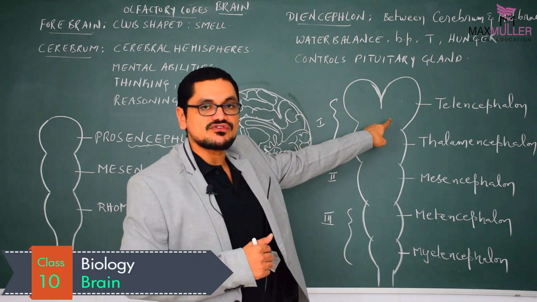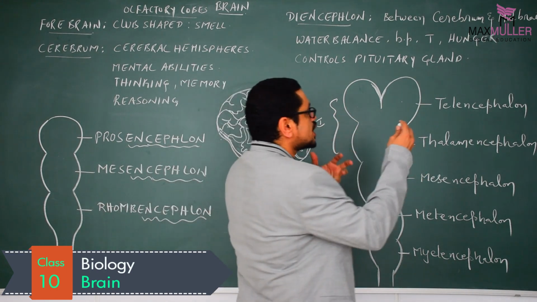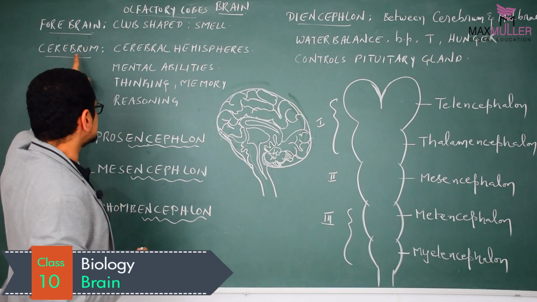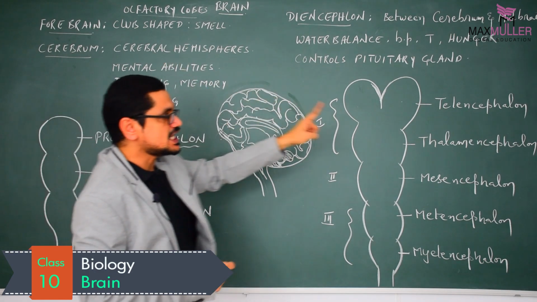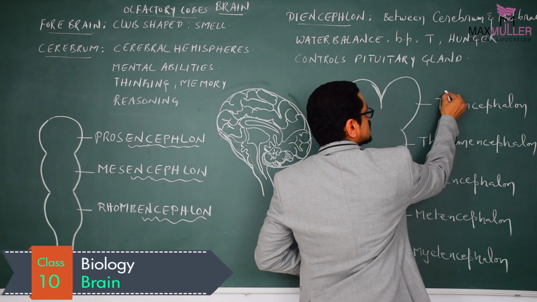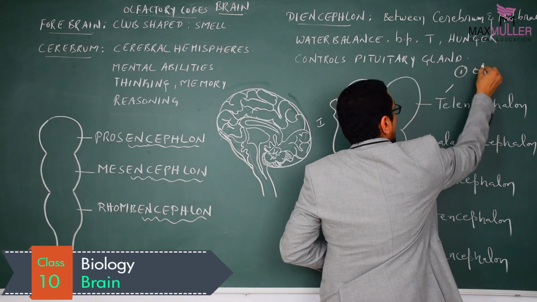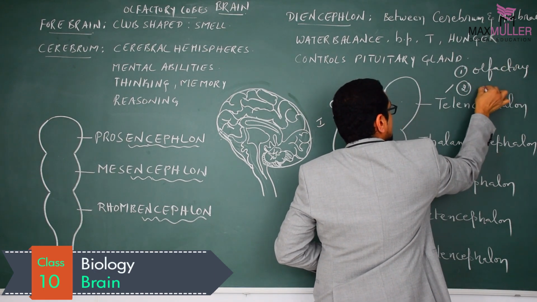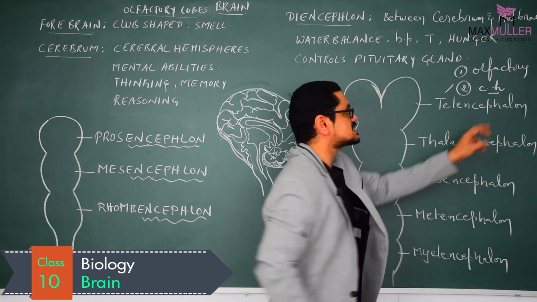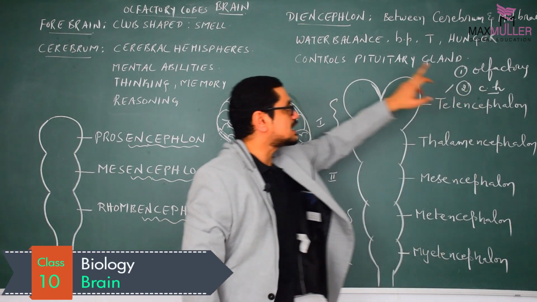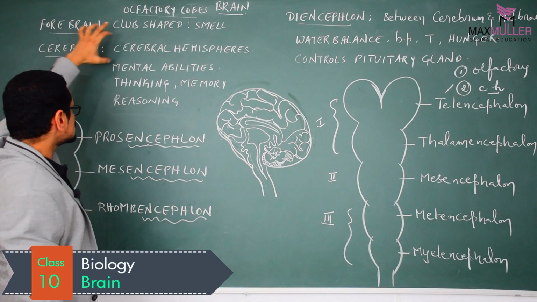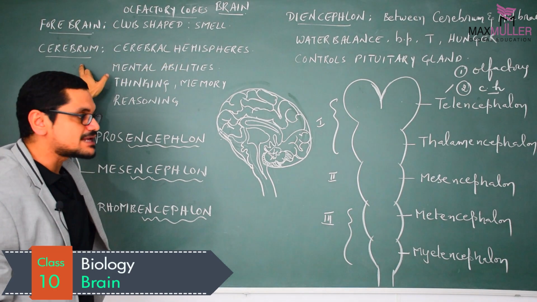Telencephalon is a portion which gives the first two parts, called olfactory lobes and cerebrum. So telencephalon gives two portions. Number one, olfactory lobes. Number two, cerebral hemispheres. I represented them in short form here. These are the two parts, olfactory lobes and cerebrum.